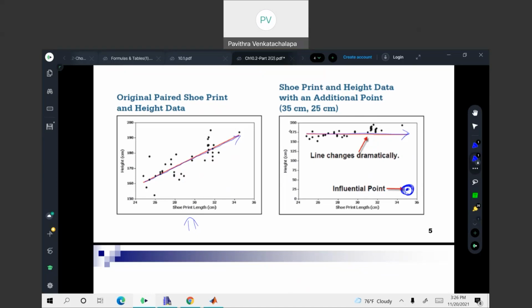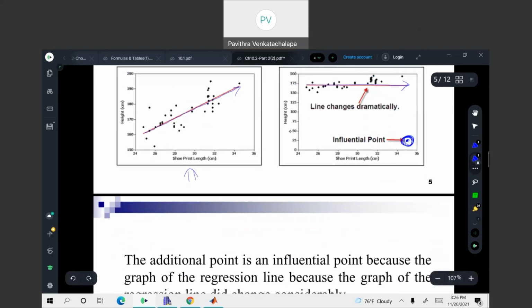So you can easily see the changes between the first graph and the second graph due to the outlier or the influential point. Okay, the line changes dramatically if you have an influential point in your data set, and this proves that the regression line will be strongly affected if there is a presence of an outlier.